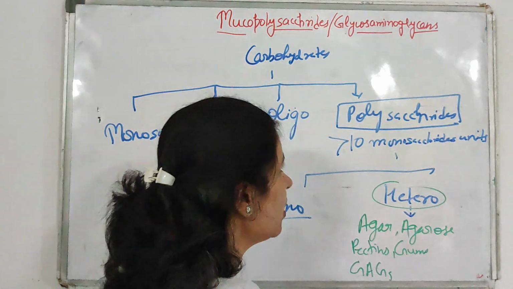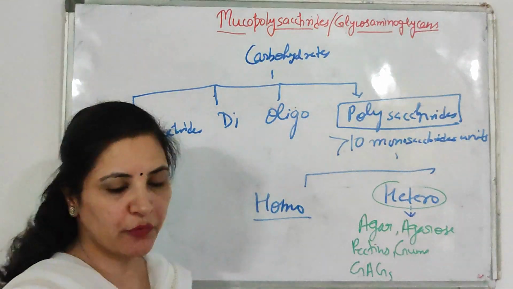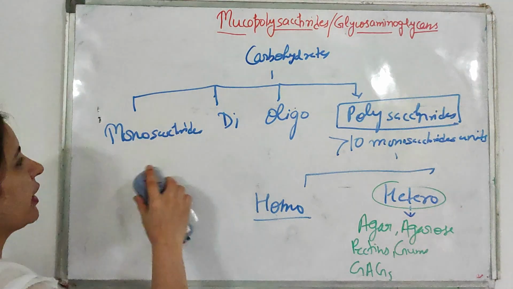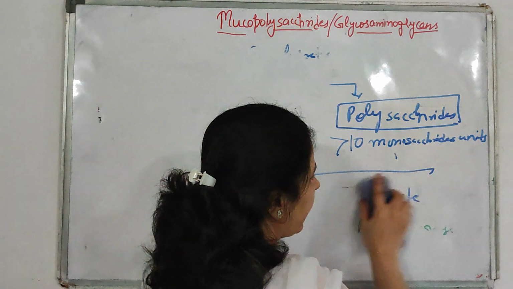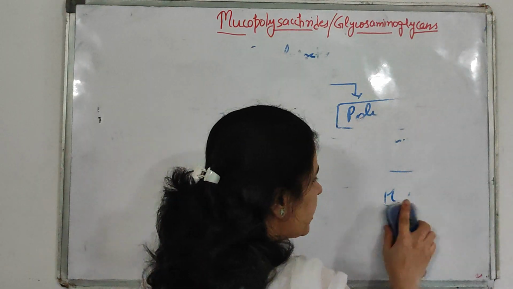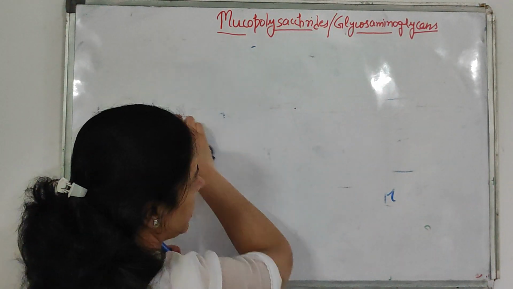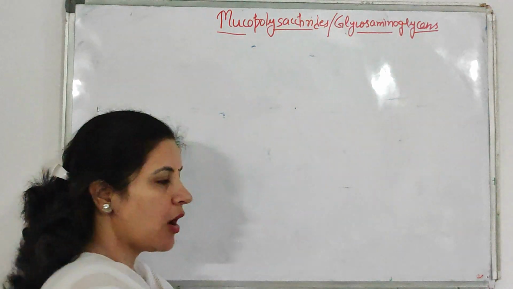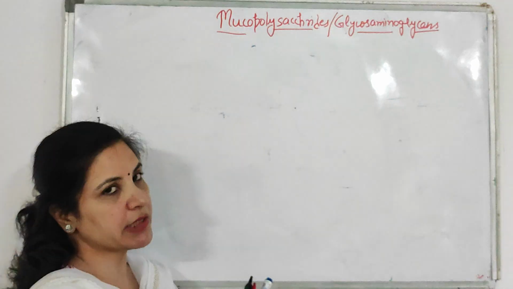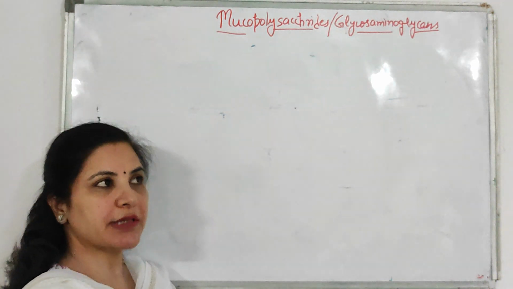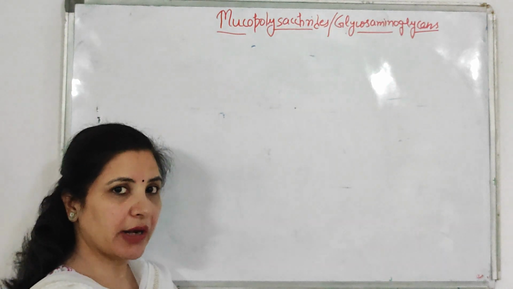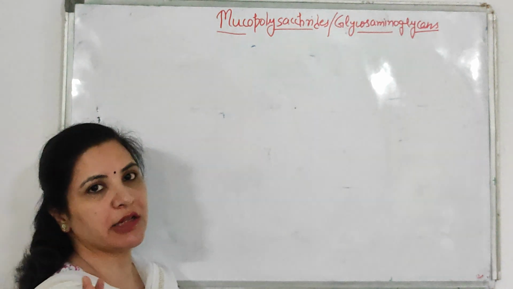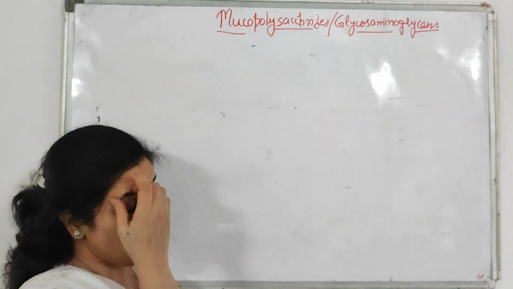Now, what will you write in your exam when a question is asked as a short note on mucopolysaccharides? The question is asked like a short note on glycosaminoglycans or mucopolysaccharides. If a long question comes, it can be asked as: what are heteropolysaccharides, give examples of heteropolysaccharides, define mucopolysaccharides or glycosaminoglycans along with their disorders. That is the pattern of the long answer.